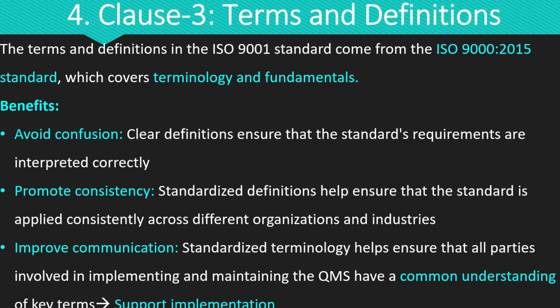The standardized definitions help ensure that the standard is applied consistently across different organizations and industries, and it also improves communication. Standardized terminology helps ensure that all parties involved in implementing and maintaining the QMS have a common understanding of the key terms, which facilitates the implementation of the standard in our organization.